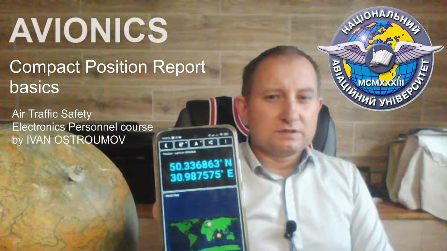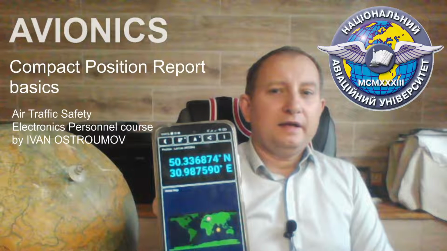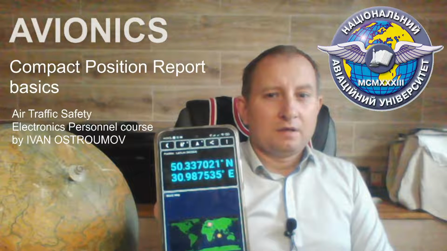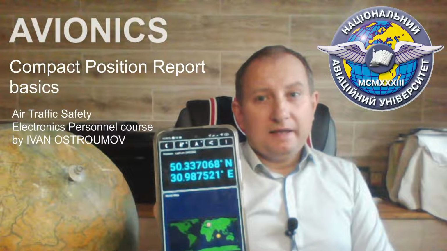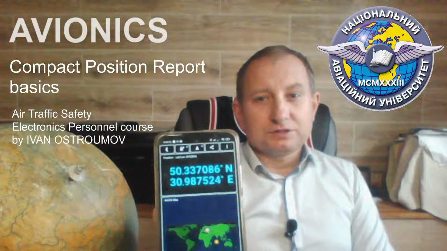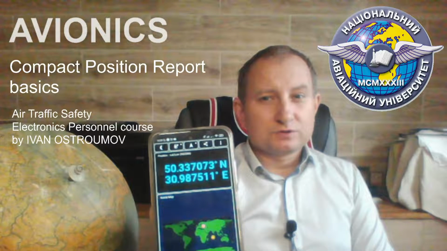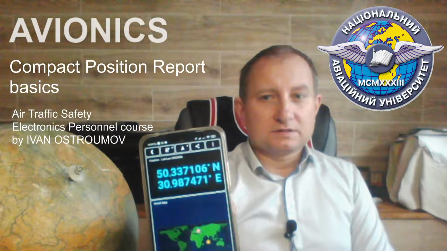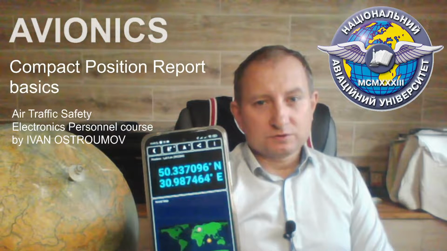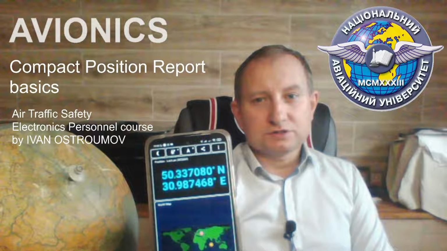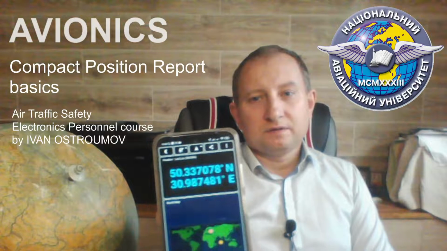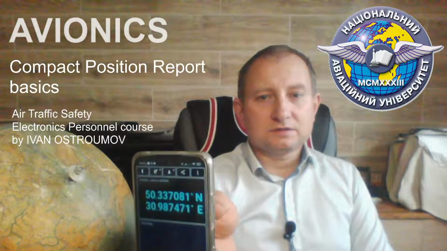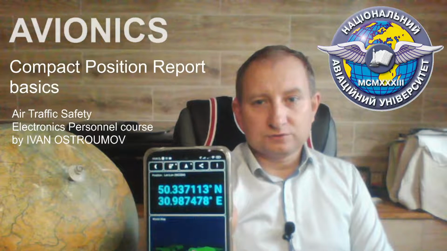So you see that our coordinates actually have 8 or 9 digits. For storing this data we need to allocate space for 9 digits for latitude, 9 digits for longitude, and some number of digits for altitude.